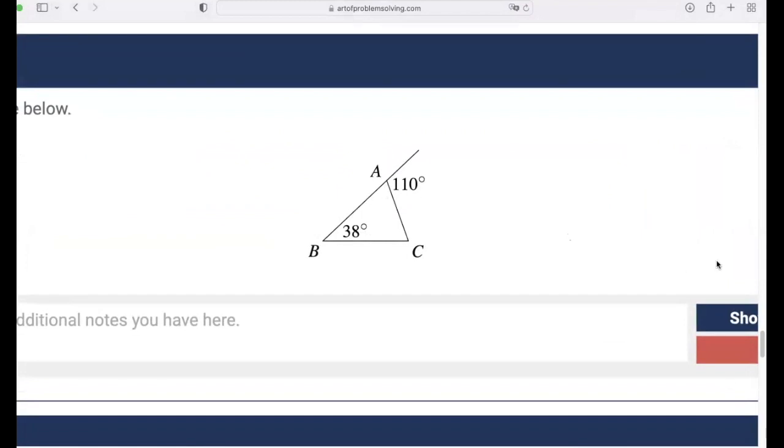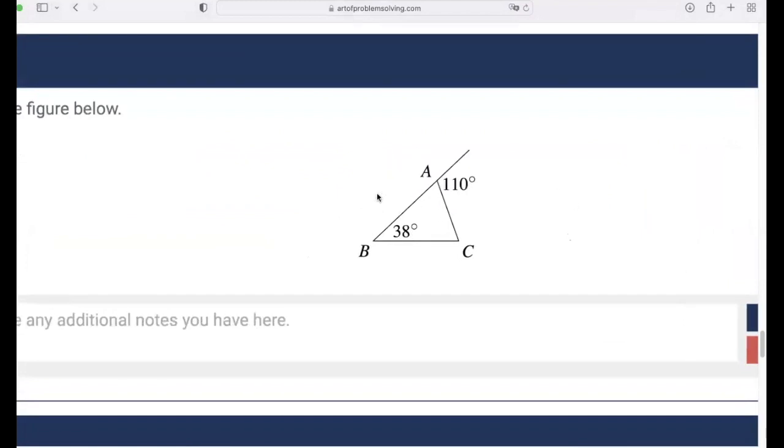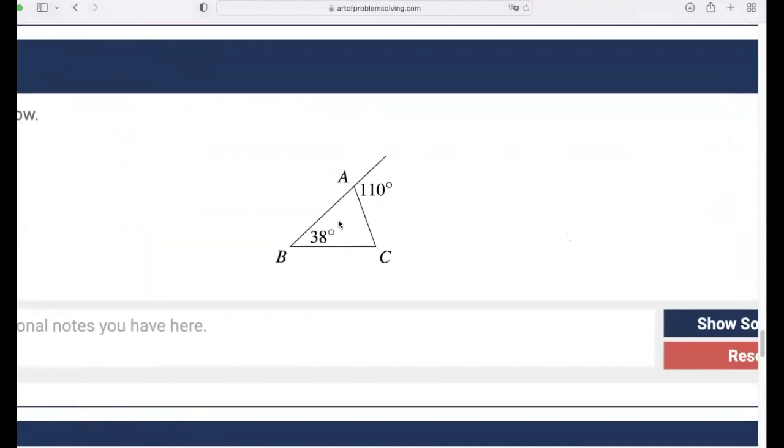Can someone just give me the answer for this one? You have to find angle C. Yes, Sophia. 72 degrees. How do you get that?